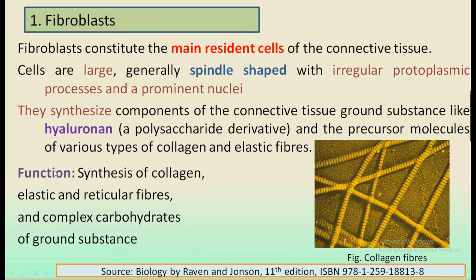So we summarize the function of fibroblasts as synthesis of collagen, elastic and reticular fibers, and also complex carbohydrates of the ground substance. So this is a picture of the collagen fibers.